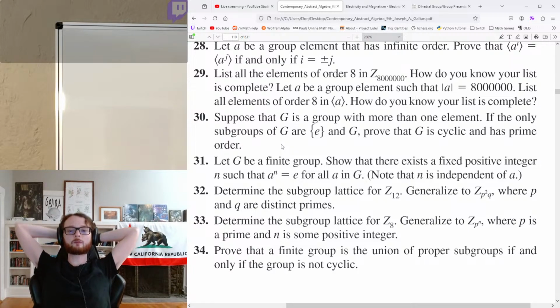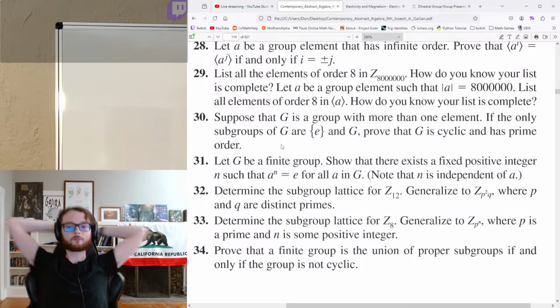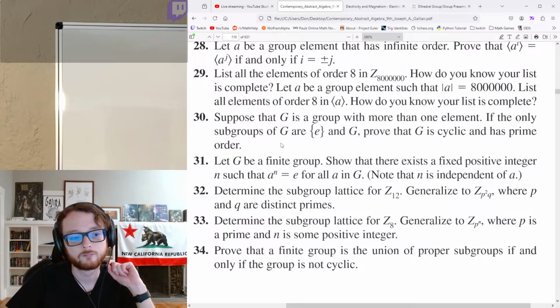Okay, so this intuitively makes sense, where a cyclic group is generated by a single element.